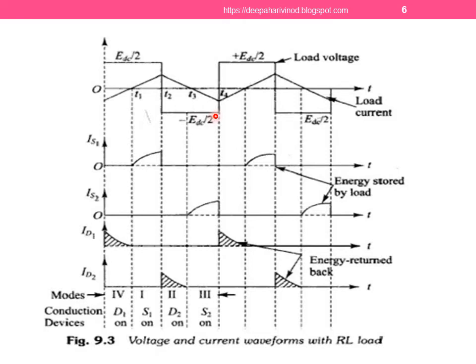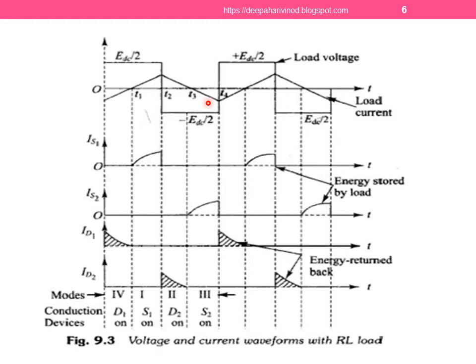From T3 to T4 it will be negative load current, and at T4 it reaches the peak value. Load current is negative peak at the end of this interval, that is mode 3, and then mode 4.